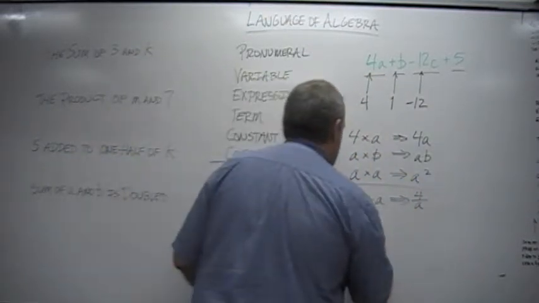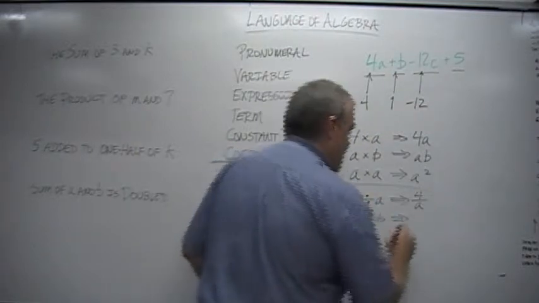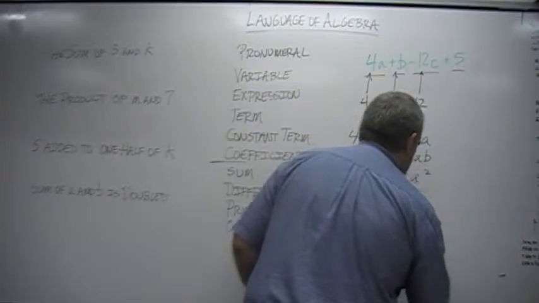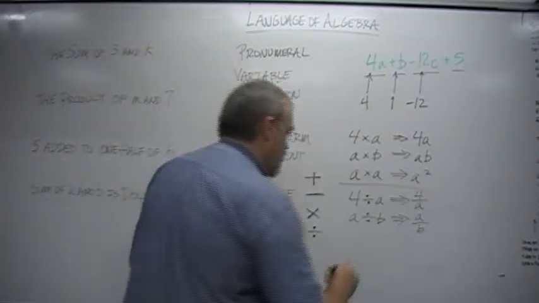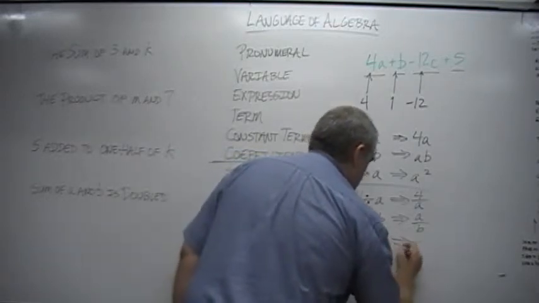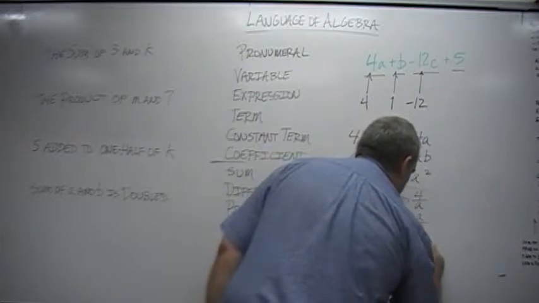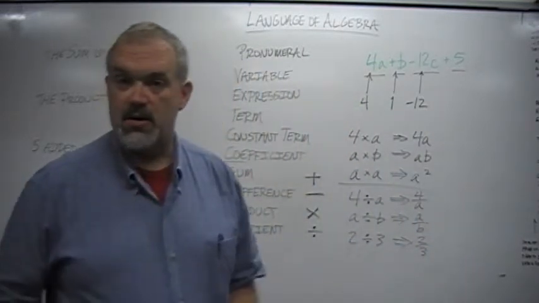Let's say we had A divided by B. Instead, we would typically write that as A over B. We can even do it with just numbers. 2 divided by 3, we write as 2 over 3, or 2/3.